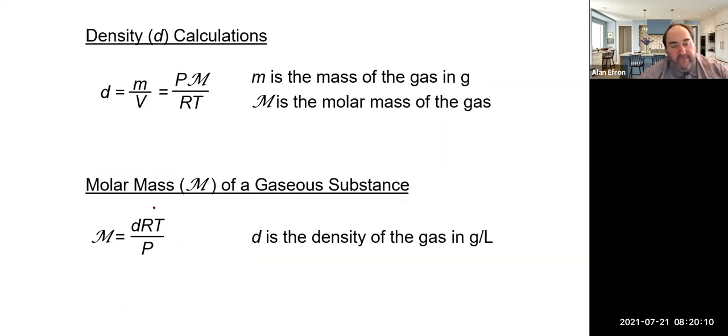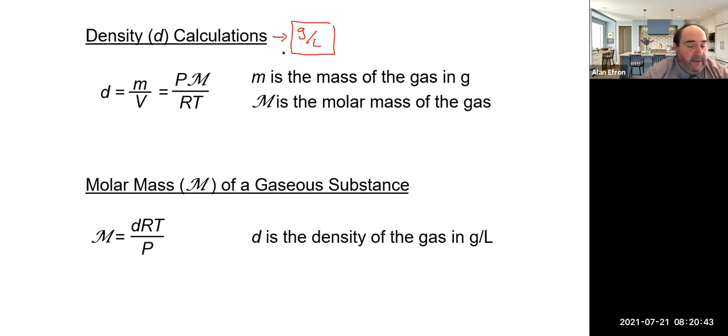So if we want to calculate the density of a gas, there's really a couple of ways you could do it. First off, you could just memorize the formula that we see there. And I'm going to show you where these are derived from. But the density is mass over volume. And remember that when we talk about the density of a gas, as we talked about earlier, typically the density of gases is given in grams per liter.